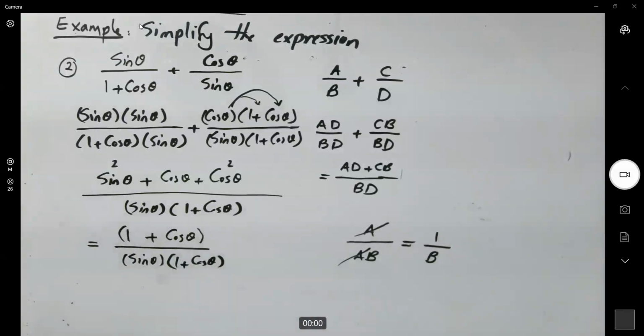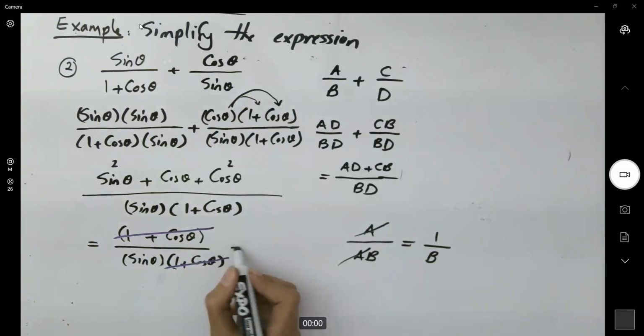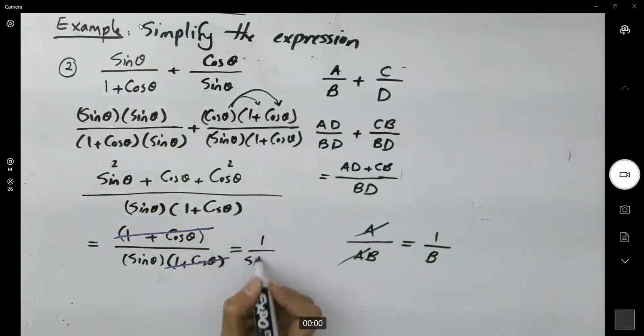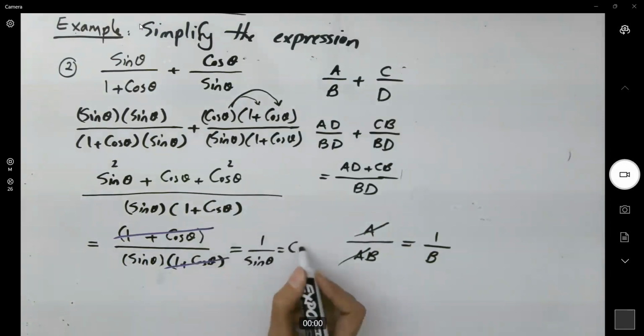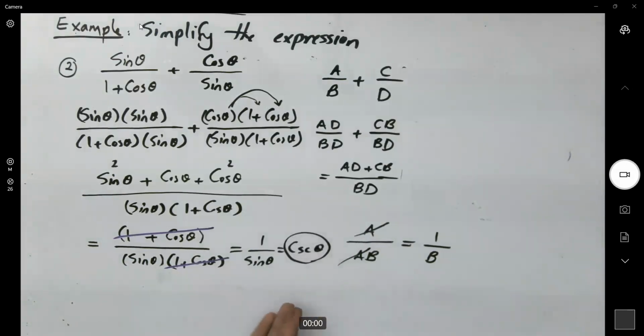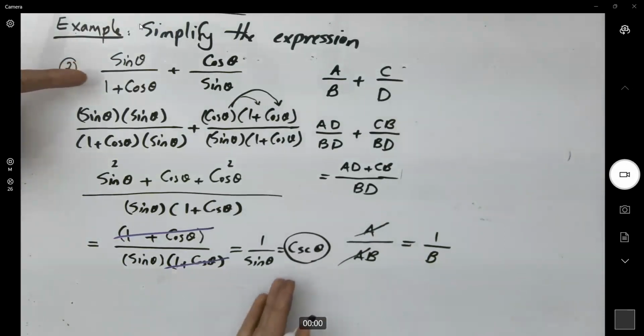I have 1 plus cosine on the numerator, 1 plus cosine on the denominator. I can cancel out the common factor, which becomes 1 divided by sine theta, which is nothing but cosecant theta. Wow, guys, take a look at this. This crazy looking addition between these two fractions is nothing but cosecant.